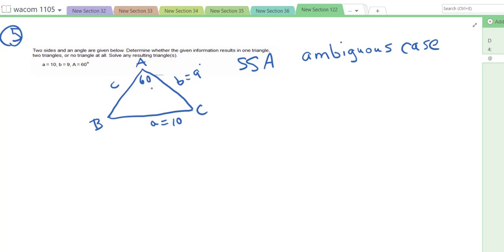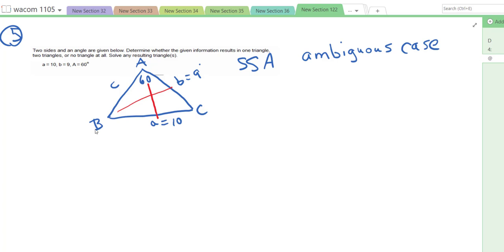We do have a pair, and we have a setup to make another pair. So we can figure out angle B with the law of sines, and that's what we'll go for. That is what we're going to work on first, and we're going to be looking for an angle, so we should put that part on top.